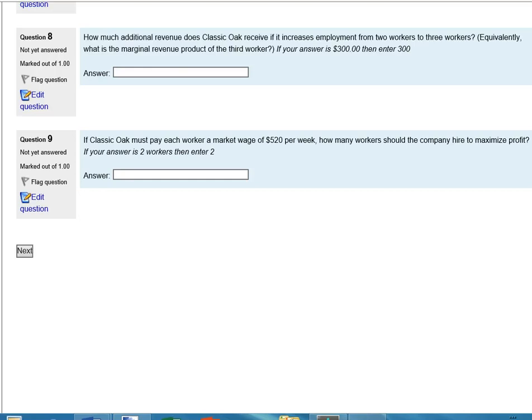In the book, it tells you how to determine the profit maximizing rate of employment. Now, this sounds a lot like chapters 8, 9, and 10 when we talk about maximizing profit with production. Here, we're talking about maximizing profit with hiring workers.